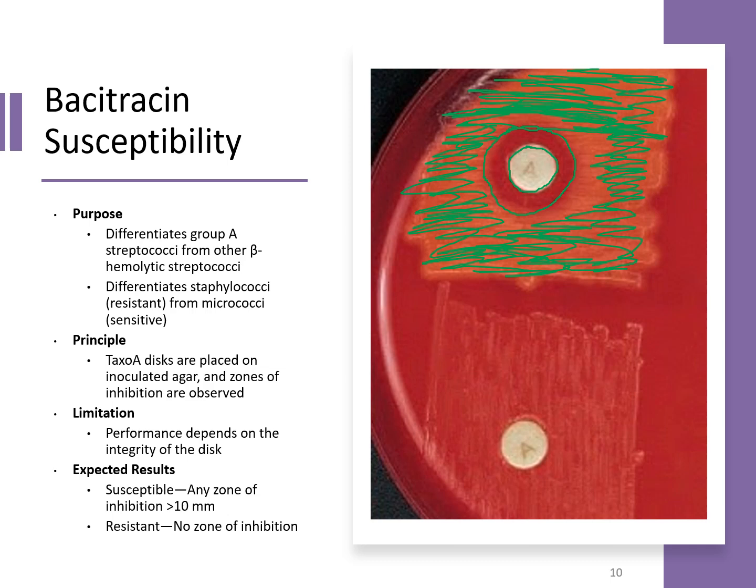If it does not grow, it's considered inhibited. And if that growth is inhibited, and when you measure this from one side to the next, if it is greater than 10 millimeters, then this is considered susceptible or sensitive to this particular antibiotic.